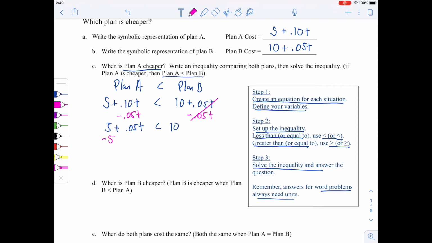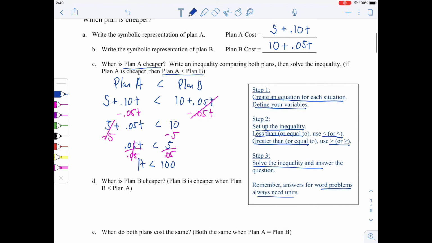Then we're going to subtract 5 to both sides. So 0.05 t is less than 5. And then divide by our coefficient. T is less than, so 5 divided by 0.05 is going to be 100. And that's our solution. So t is less than 100.